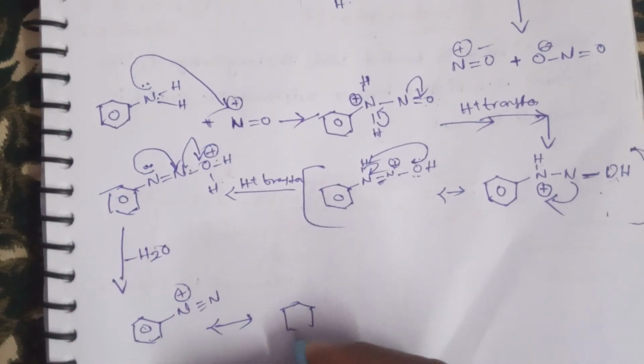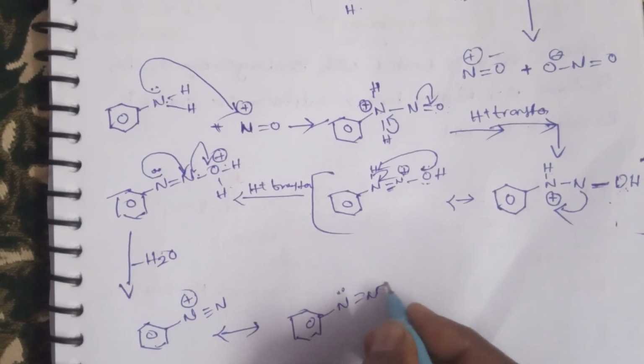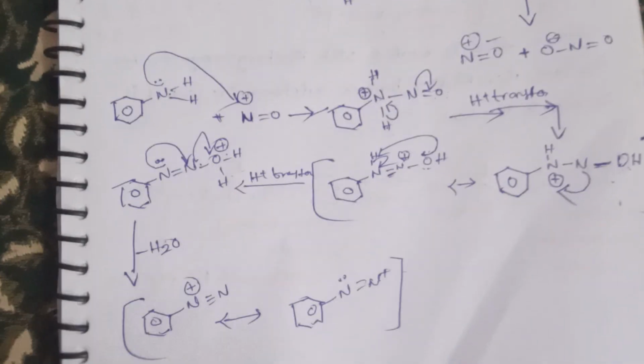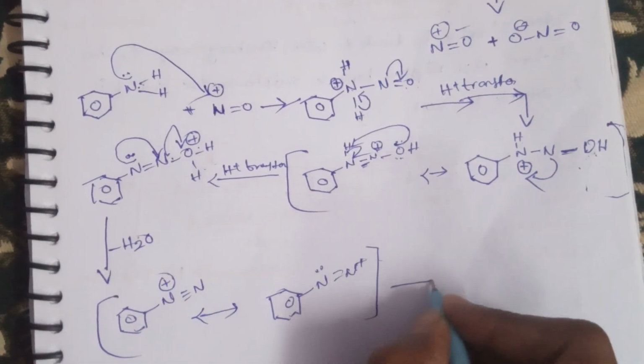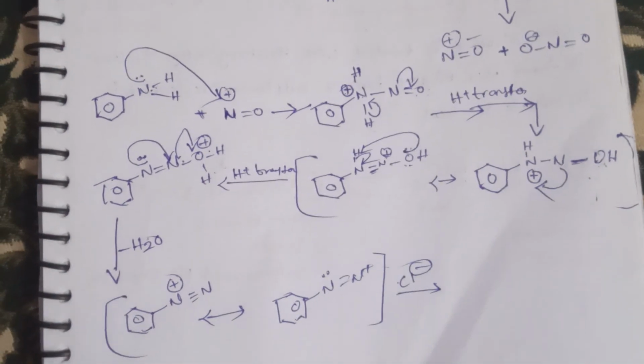Now you have to write like this also, N double bond N plus. Again this is a resonating structure, and it reacts with Cl minus.